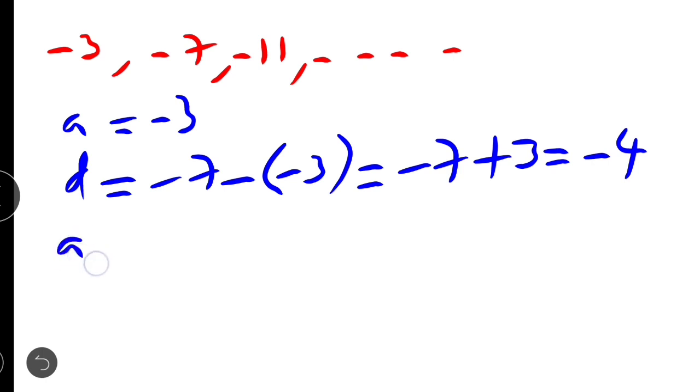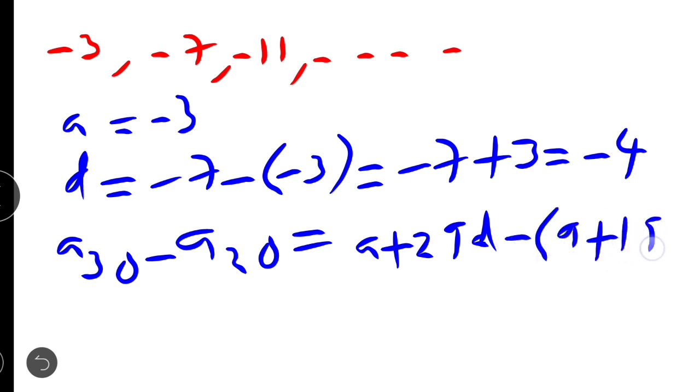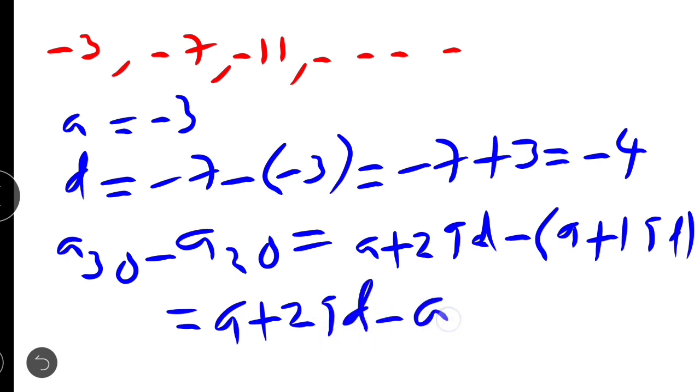So he is asking A30 minus A20. It equals A plus 29D minus, here take the bracket, A20. A20 means A plus 19D. So it equals A plus 29D minus A minus 19D.